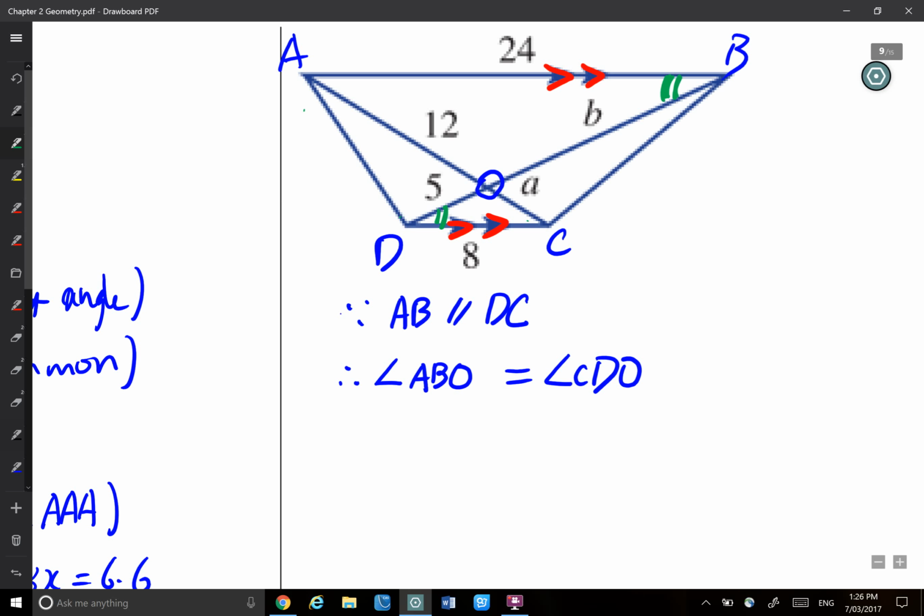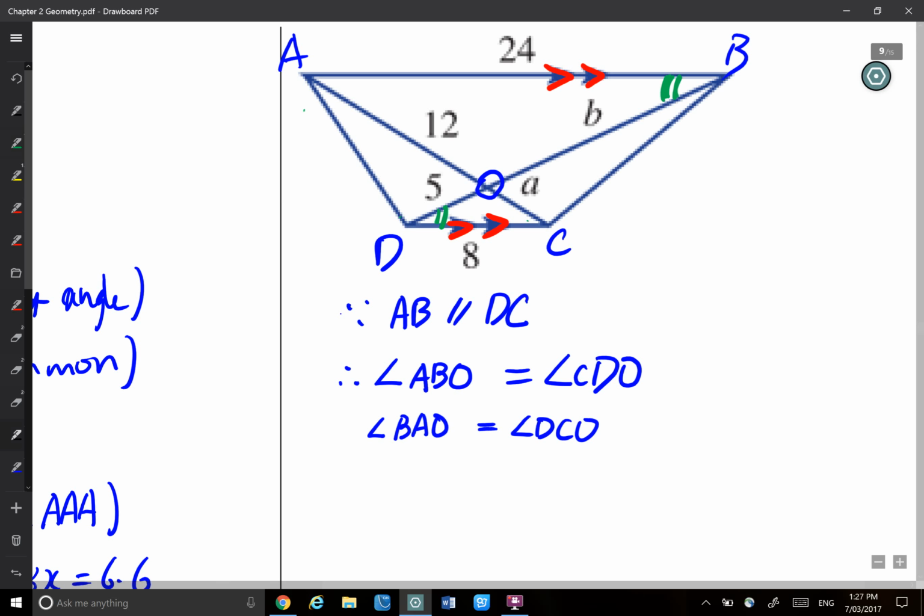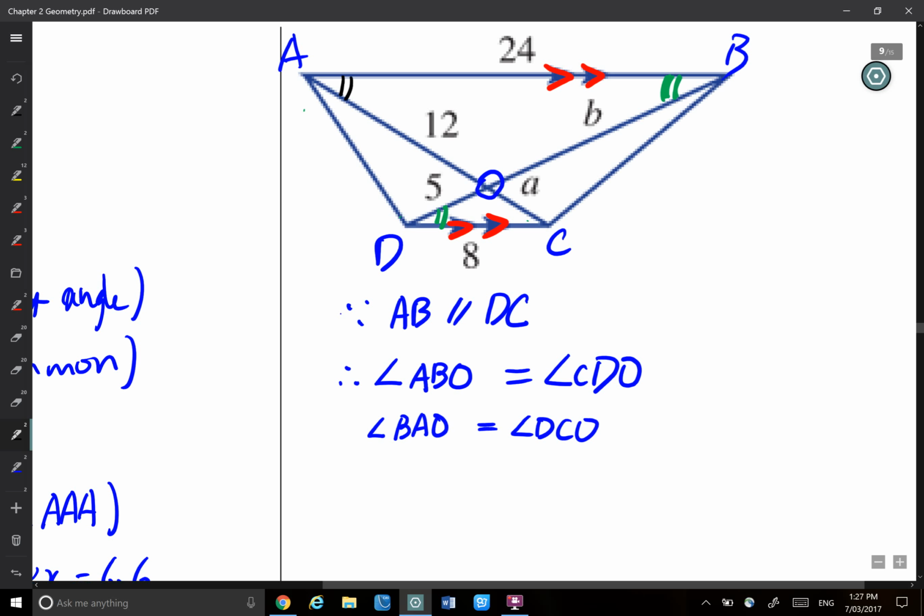Another pair will be angle BAO equals angle DCO. So which one is that? BAO is this one, and then we have DCO, which is this one. This black pair.